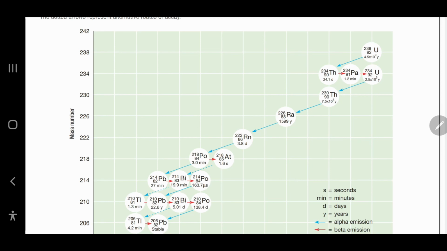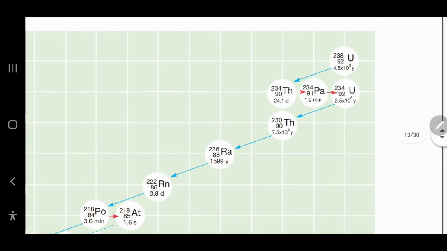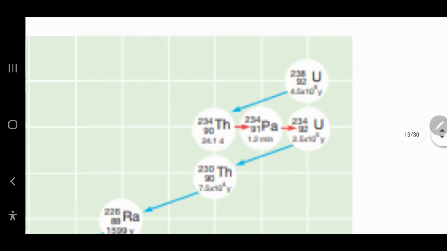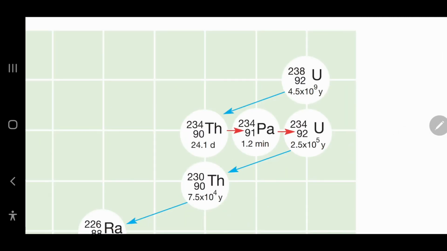And if you notice here, when uranium changed to thorium, the atomic number decreases by 2 and the atomic mass decreases by 4, because helium's atomic number is 2 and atomic mass is 4. While when thorium changed to palladium and uranium, as you can see, the atomic number increases, because this is emission of beta particles, and we said that beta particles are electrons.